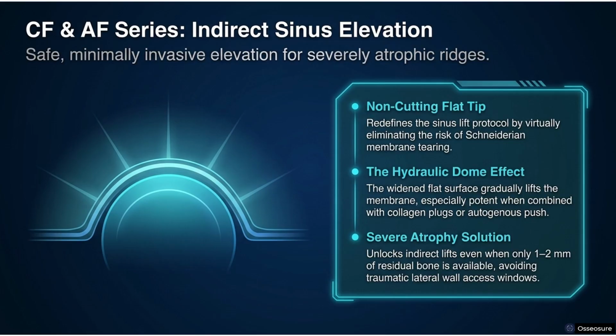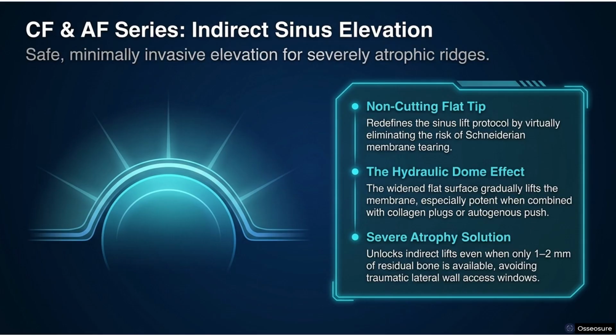In indirect sinus cases, the bone is typically less dense. It is softer bone and the problem is insufficient height. In this scenario, you may initially use a pilot osteotome, perhaps P2, briefly either manually or mechanically. If you use it manually, then you will get better tactile feedback of the bone density.